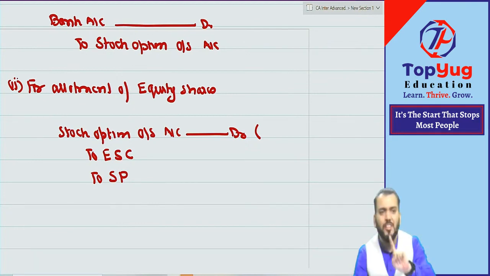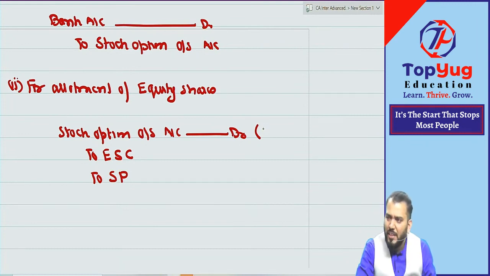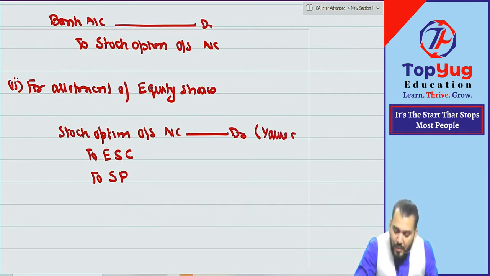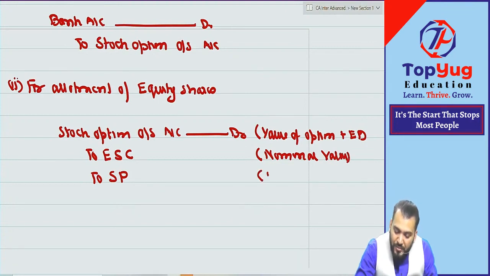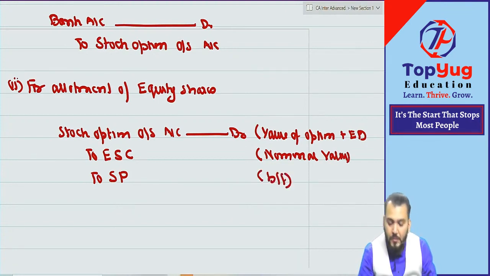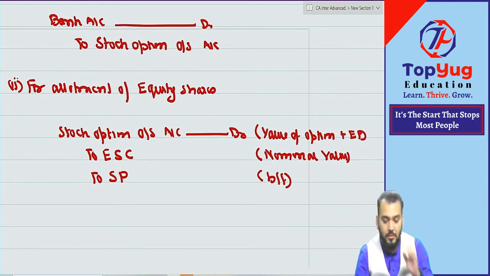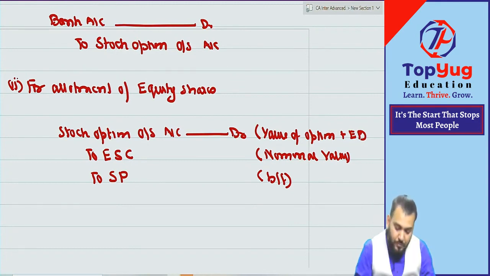Value of option. Value of option can be intrinsic value or fair value. So I am writing value of option, plus what? Exercise price. Equity share capital with what value? Nominal value. And this will be the balancing figure. Correct.